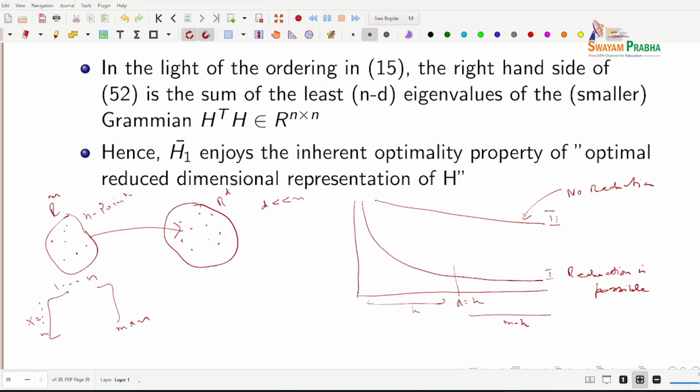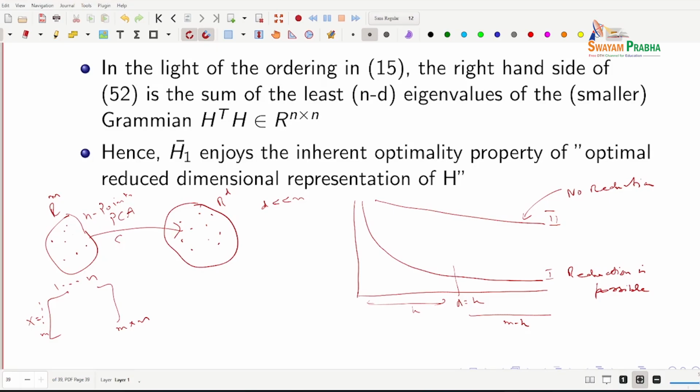Please understand, there is a saying, you cannot throw the baby out with the bath water. So, there is a tub, you give a bath to the baby, after giving a shower to the baby, you throw just the water, but not the baby. So do not throw the baby out with the bath water. Don't throw the signal, only throw the noise. So what is PCA?